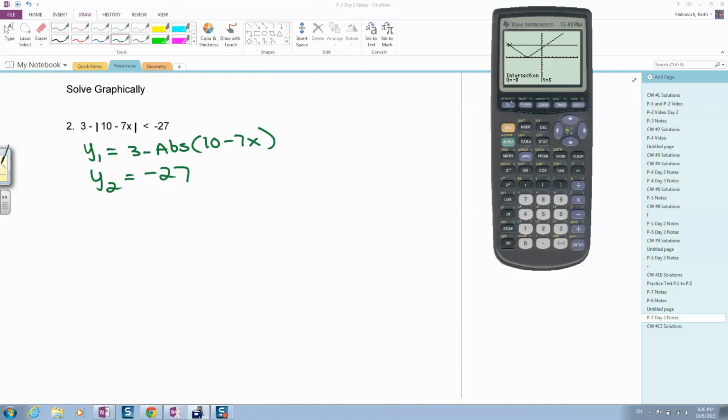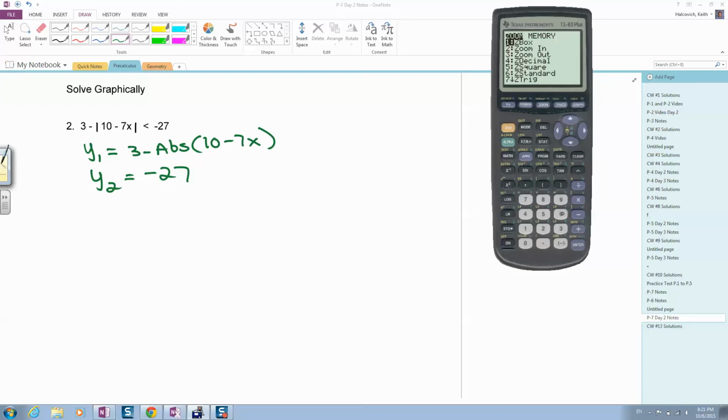So when we type that in, we go 3 minus math, absolute value, 10 minus 7x, and then y sub 2 is negative 27.